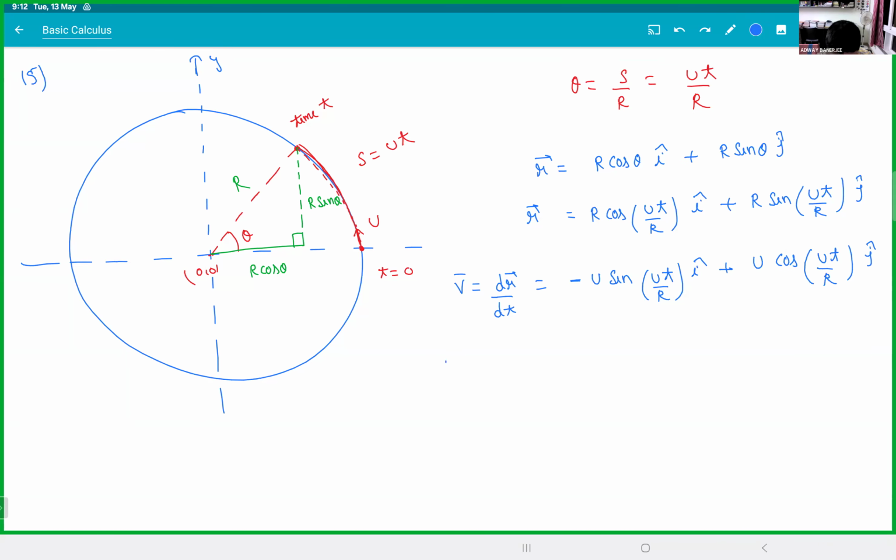Then what about acceleration? Same story. Differentiate velocity again. The differential of sine is cos, and when we differentiate ut by r, u by r will come out. So this will become minus u square by r cos ut by r i cap. The differential of cos is minus sine, so this will be minus u square by r sine ut by r j cap. So every time you differentiate, one u by r will keep coming out.